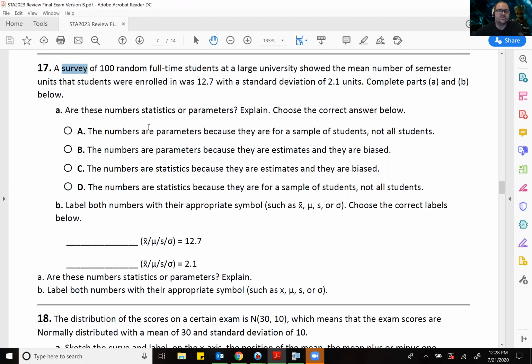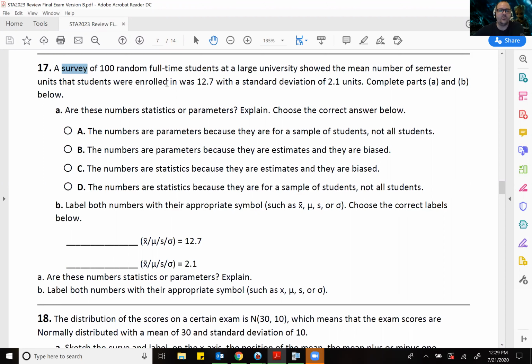Complete parts A and B. Just like before, are these statistics or parameters? This is a survey and it's only 100 people at a large university. If you think this is the full population, you're just silly, because there's no way you would classify a large university as having just 100 full-time students. Valencia's Osceola campus alone has over 100 full-time students. So obviously this is a sample.